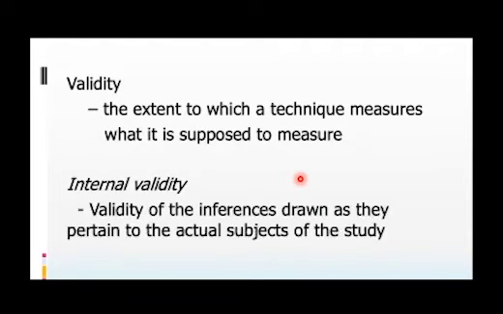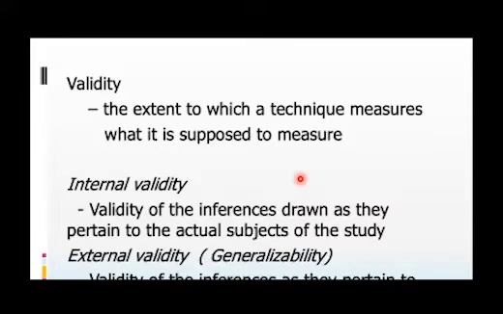So we have what we call internal validity, the validity of the inferences drawn as they pertain to the actual subjects of the study. So for example, the data that you collect is actually valid to the actual subjects that you collect. That's internal validity.